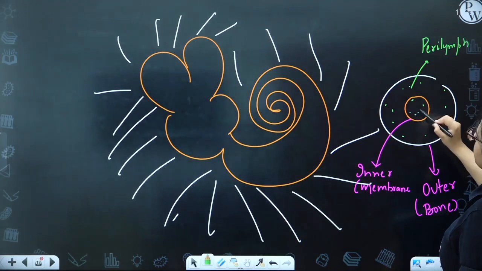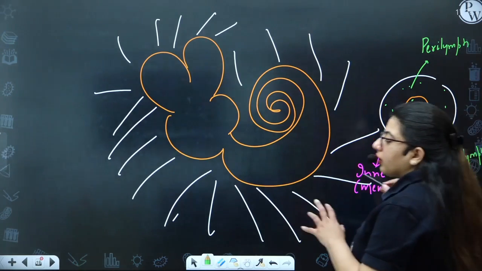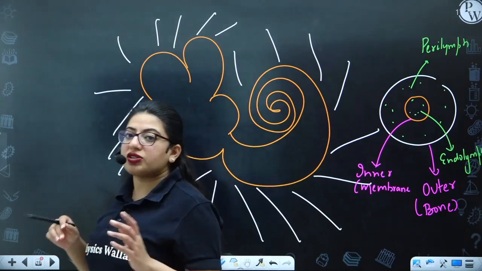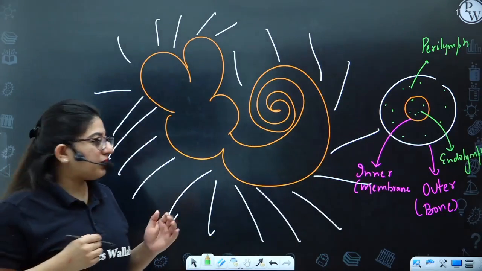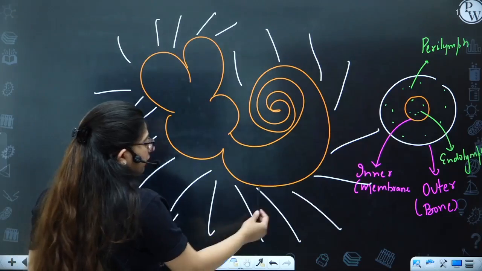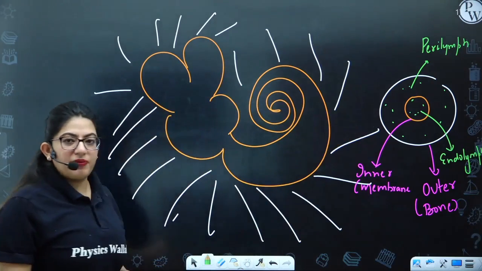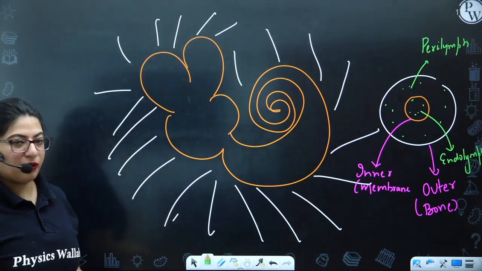And the fluid present here is endolymph. Okay. I think you all understood this. Basically, you consider these two structures, the vestibule and cochlea, as the labyrinth. And the labyrinth is divided into two parts. This is the outer labyrinth, which is made up of bone. And then we have the membranous labyrinth, which is made up of membranes. What membranes we'll be talking about later.